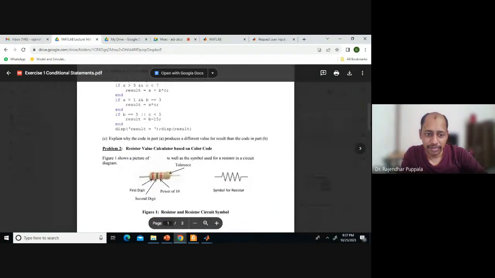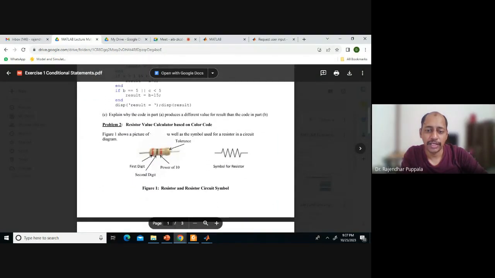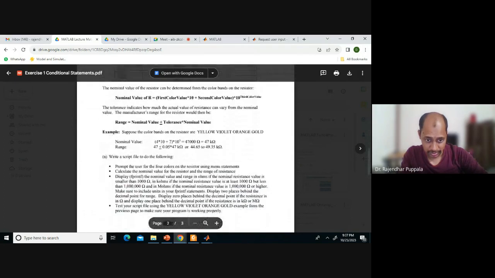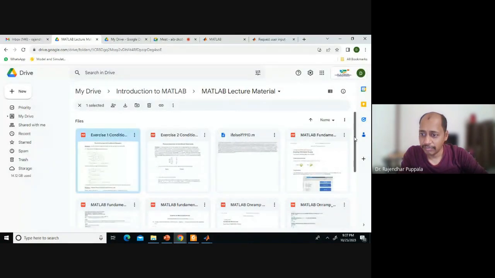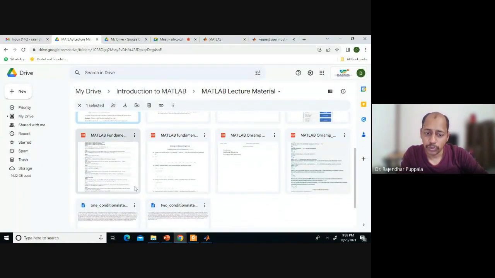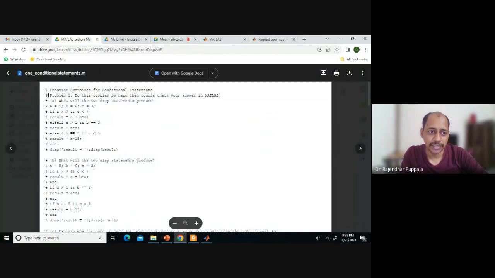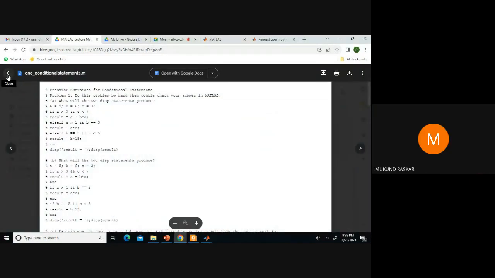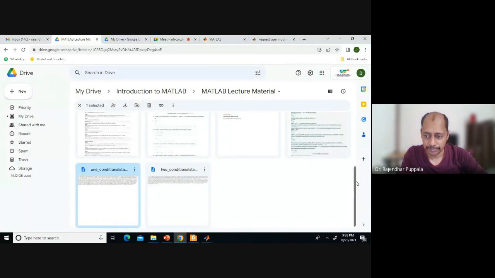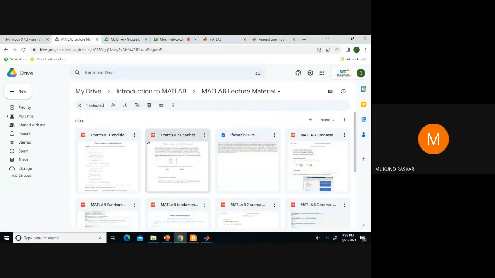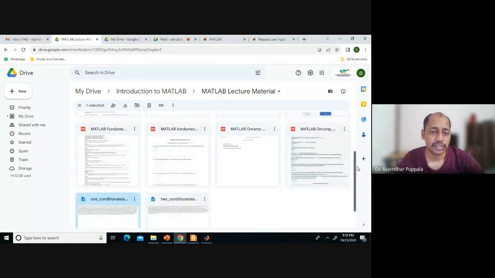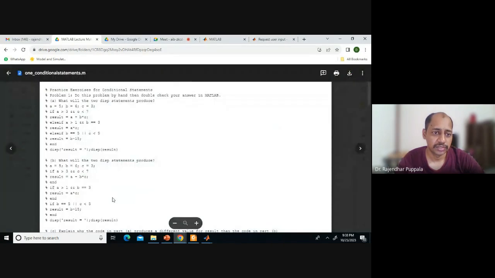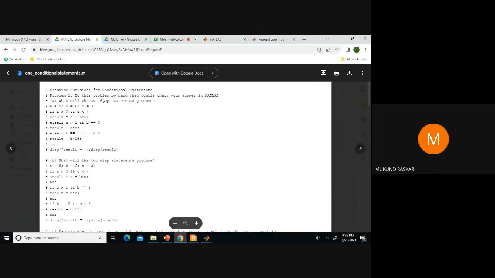In that, we have the second problem, resistance value calculator based on the color code, which we have discussed, and the same code is also uploaded here itself, in the folder named conditional statements.